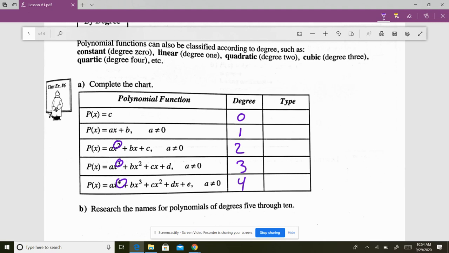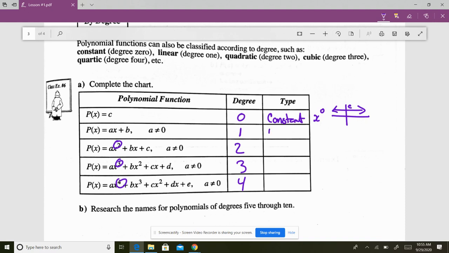They have specific names. So the first one, we just looked at it, is called a constant function. And that is because it's x to the 0. They look like this. They are horizontal lines at whatever the constant is. I guess I should put that in for C. What about the next one? ax plus b, what type of line is that?